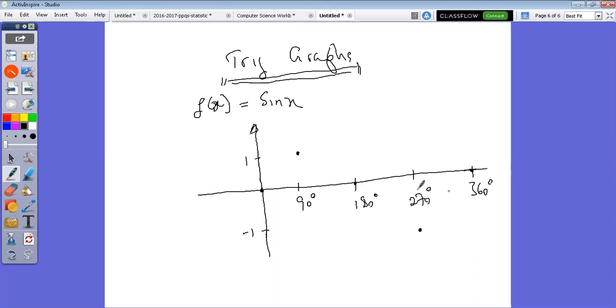And this is like this. So what it means, how this helps us, is that sine is positive in the first quadrant and sine is positive in the second quadrant. Negative, negative. Clear?